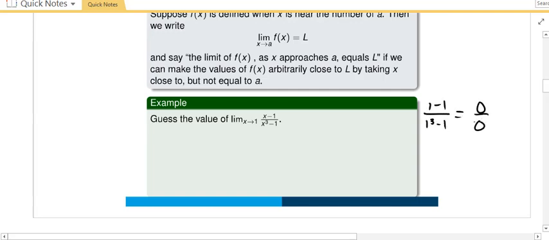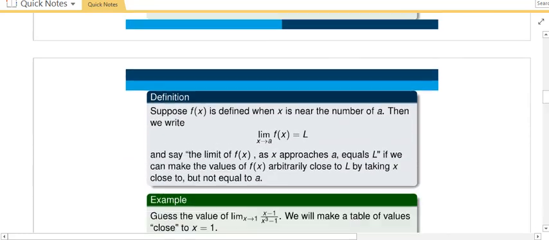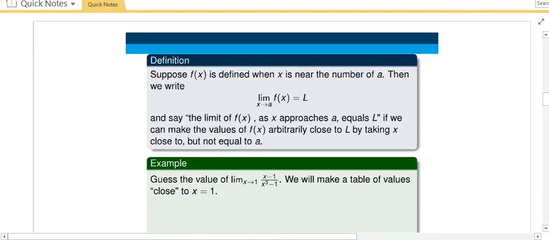So we get 0 over 0, and that's not defined. Remember, we can't divide by 0. So we need to use some sort of numerical tool to figure out what's happening here, at least for the moment, before we learn some more techniques and rules. So we want to make a table of values for values close to 1.